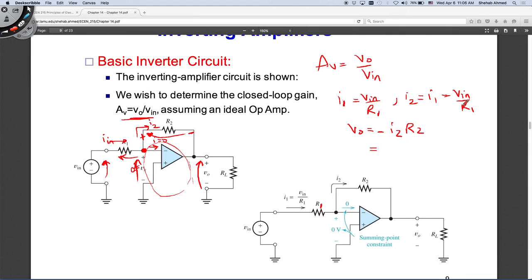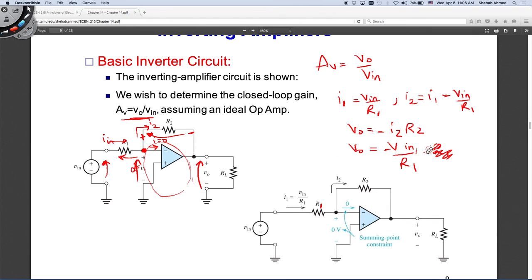I2 is equal to V input over R1. So I'm left with the output is equal to minus V input over R1 times R2. Sorry, where's the times R2? This is not multiply. It's not minus R2.